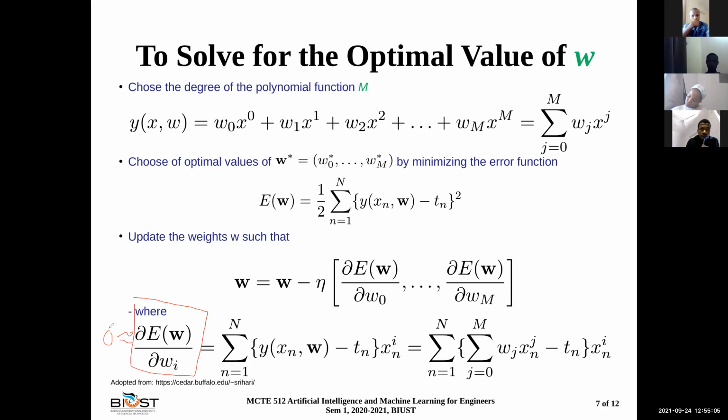Okay. So now it's easy to remember. It's easy to see the reason why we are dealing with derivatives. So now we take the derivative of this error function. It's the error that we are taking the derivative of. Because when the derivative of the error becomes 0, what does it mean?